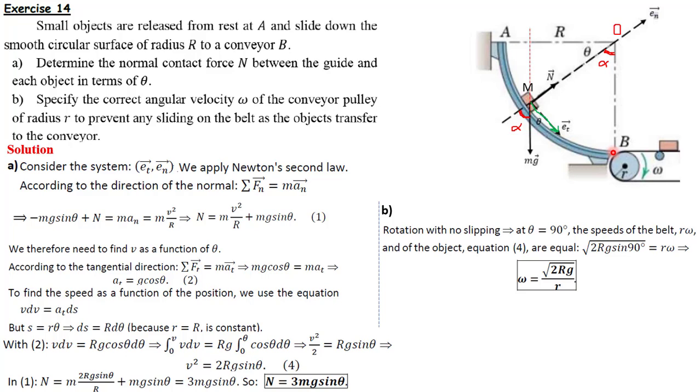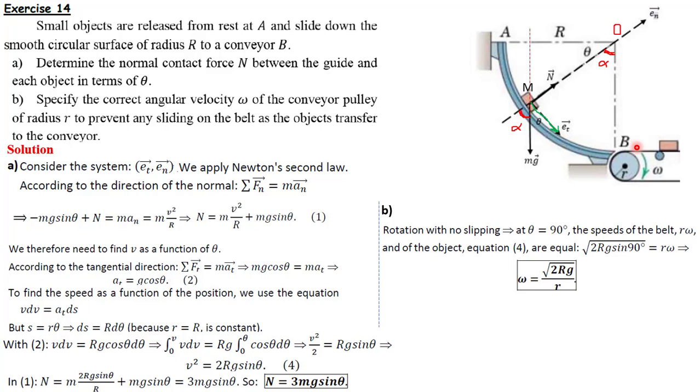At B the objects may experience a change in their speed, because on the circular smooth surface the speed was v equal to the radical of 2rg sine theta, and now the speed of the conveyor belt is equal to r omega.